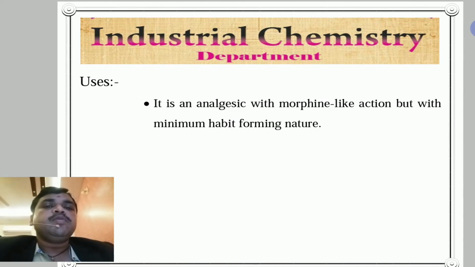And in the first two lectures, we completed antimalarial drugs. In this group, we studied three components: chloroquine, primaquine, and chemoquine. And now, in the next lecture, we will study sulfa drugs or antibacterial drugs.